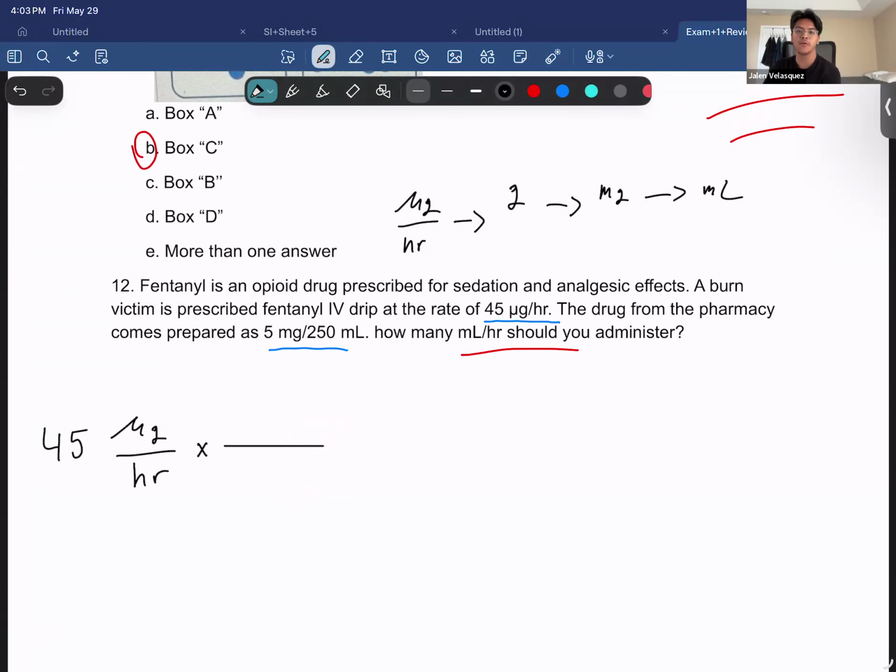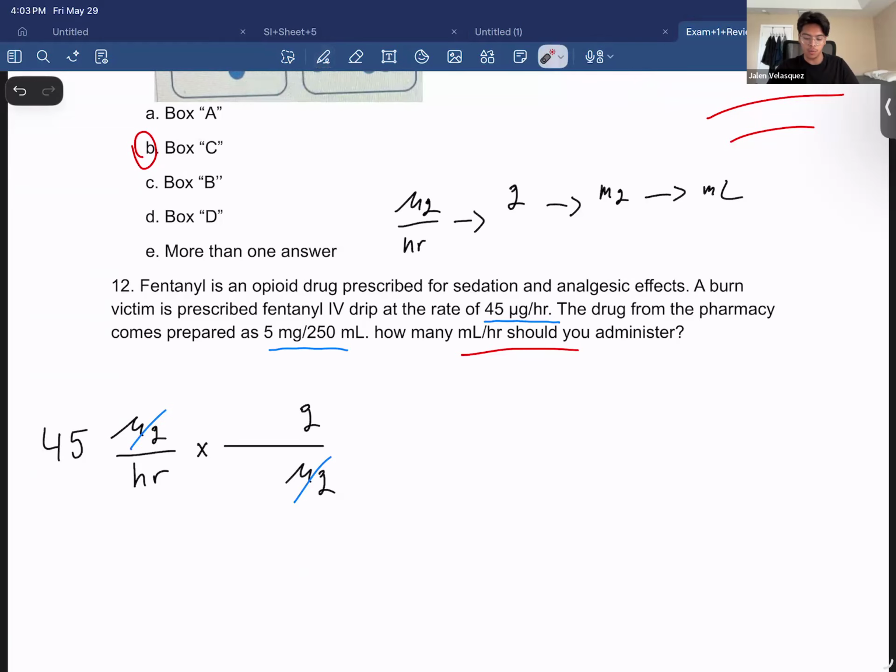So for units to cancel each other out, they have to be on opposite sides of the fraction, right? So I want micrograms on the denominator, and then I want grams here on the numerator. So you'll see that micrograms cancel each other out.